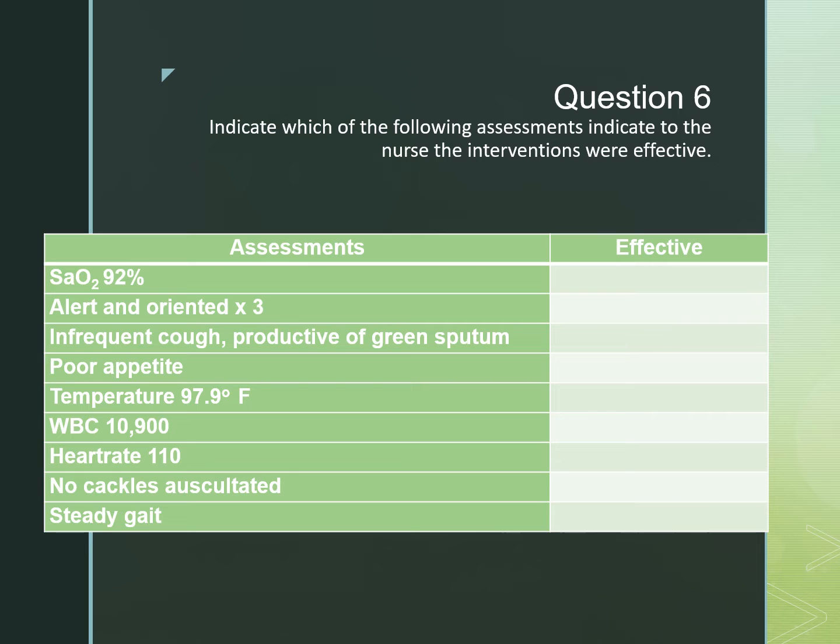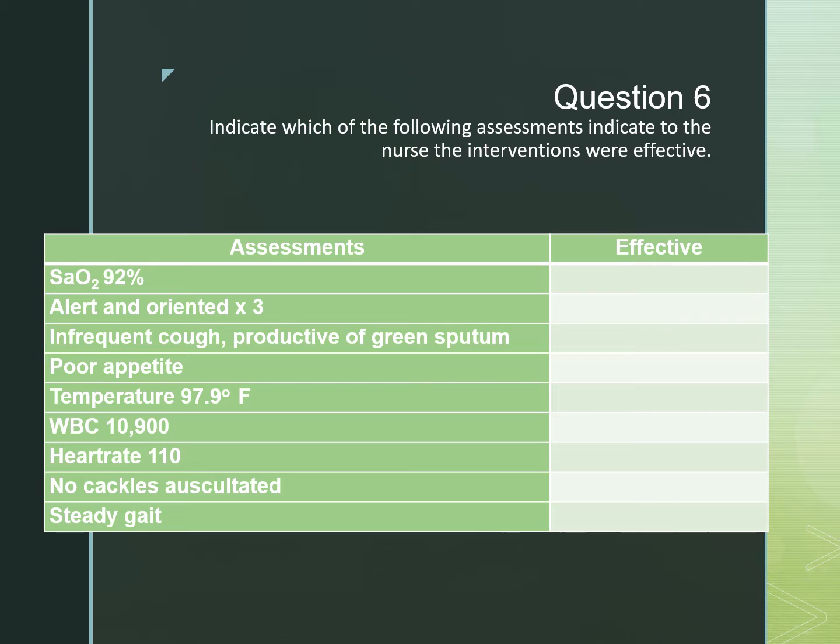Alert and oriented times 3. Yes, she was confused. She was oriented only to herself. So making sure that she is oriented times 3, this is really good.